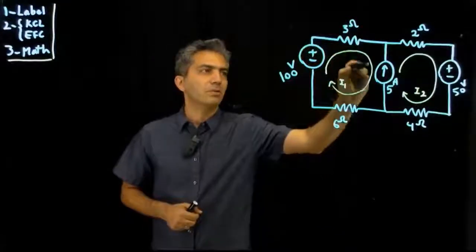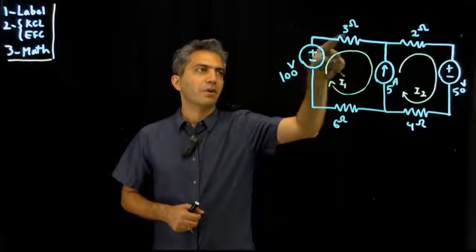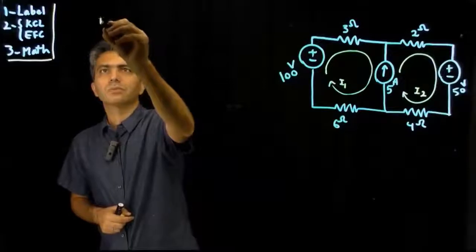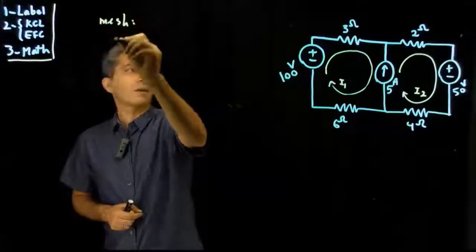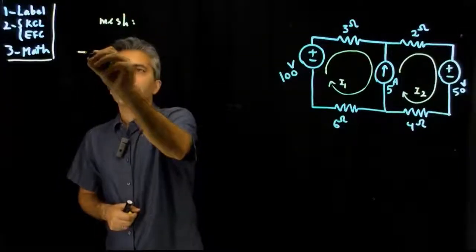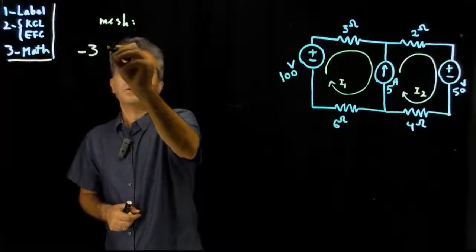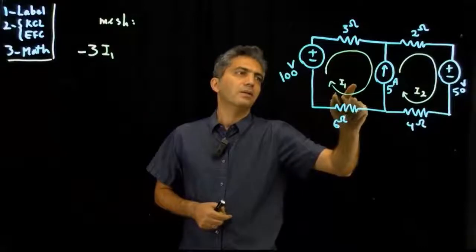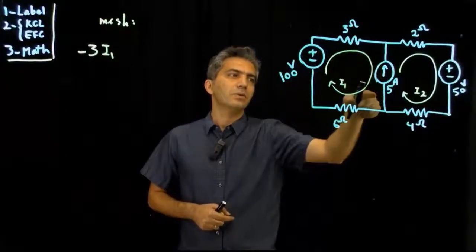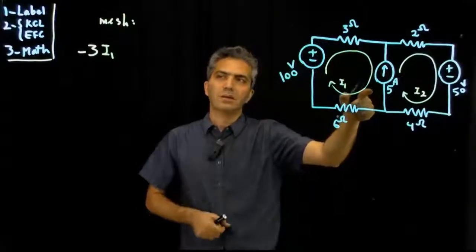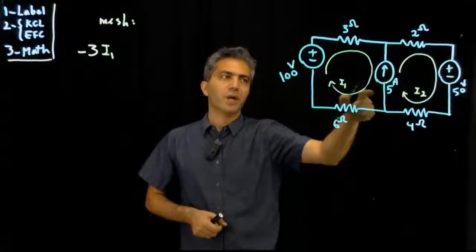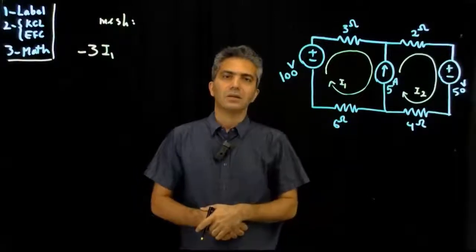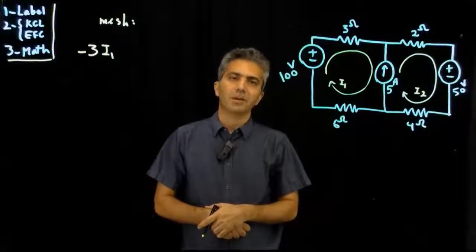So in the direction of the current, if I pass through a resistor, I'm losing potential. So this is mesh. That would be minus 3 I1, and I get to this current source immediately, and I have to write the potential difference across the current source in that mesh.